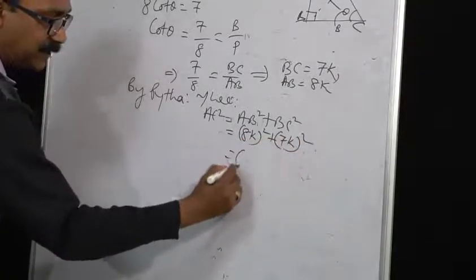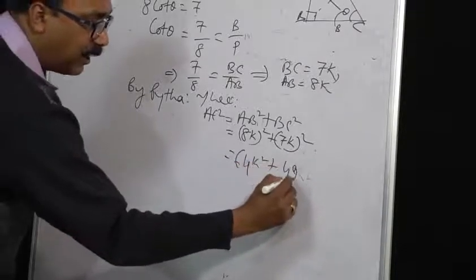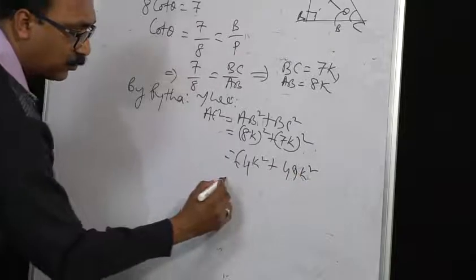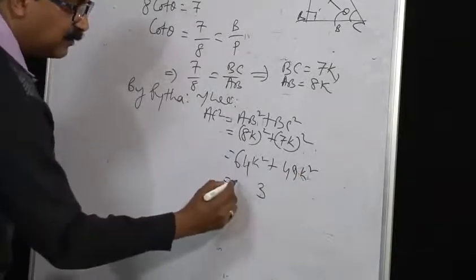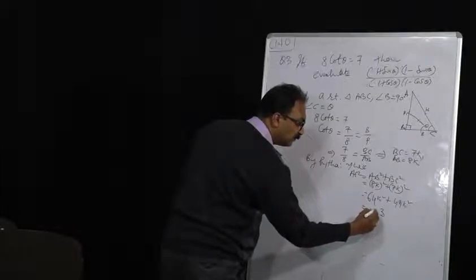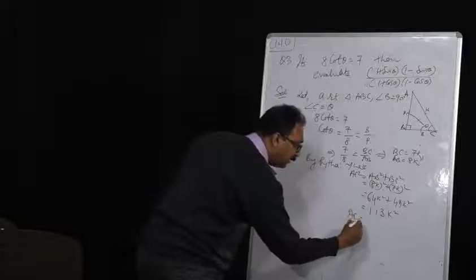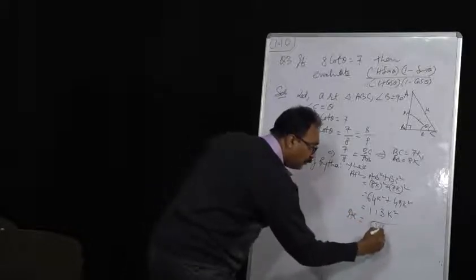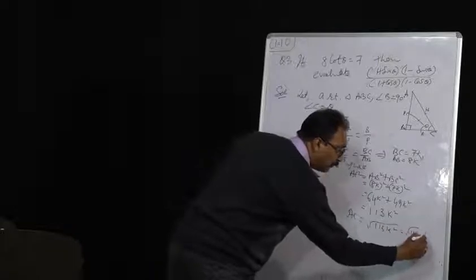So it becomes 64K square plus 49K square. So adding it, it will be 113K square. So what will AC be? It is root 113K square, which means root 113 K.